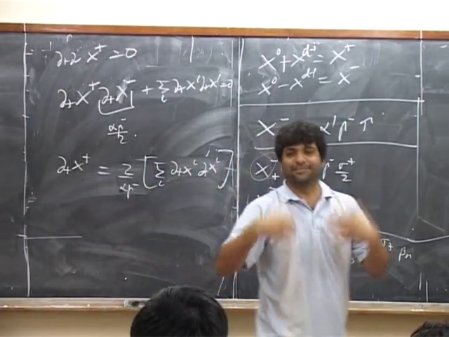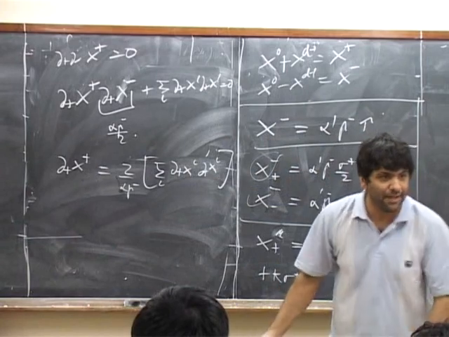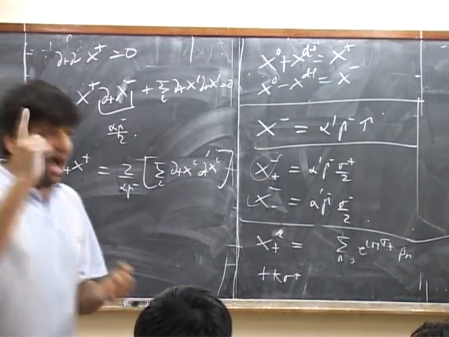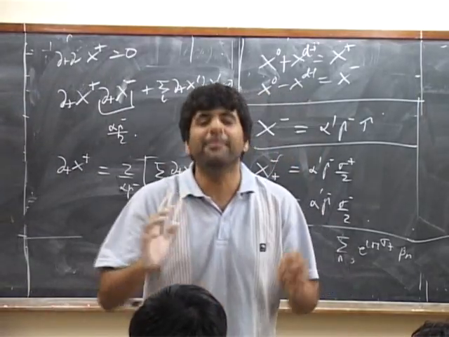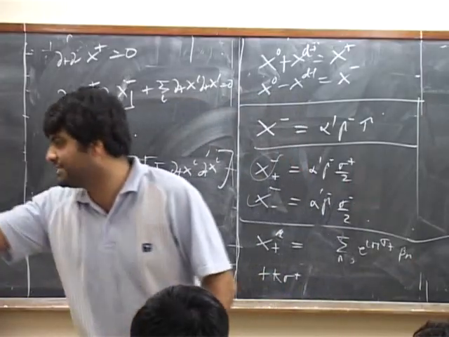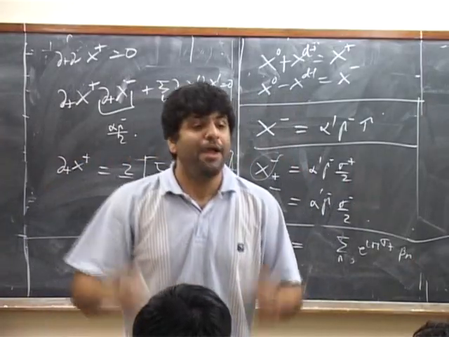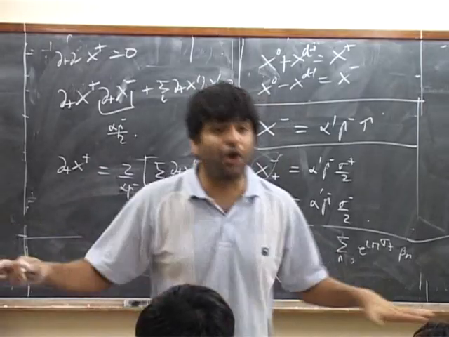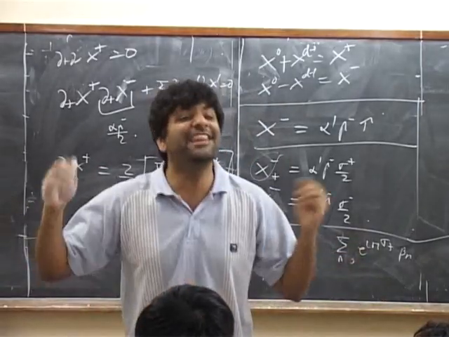The minus part of it obeys the fact that it's a function of sigma minus. Okay? So, now what have we done? We've used the fact that we know that x plus must be a function of sigma plus and sigma minus only. Put in that fact plus the earlier constraint to completely solve for x plus in this gauge.